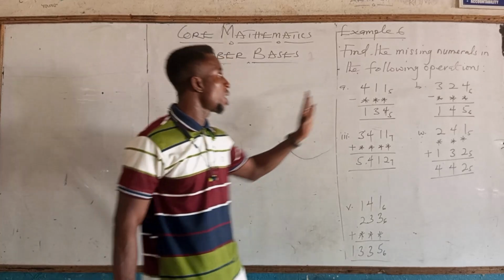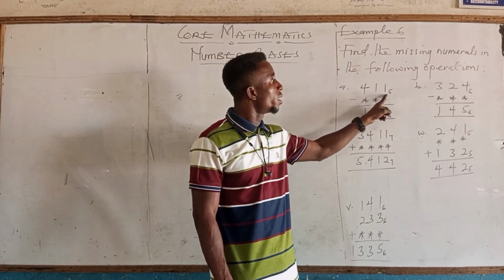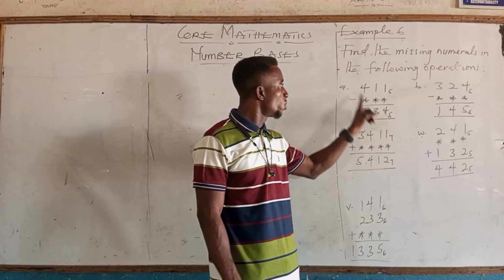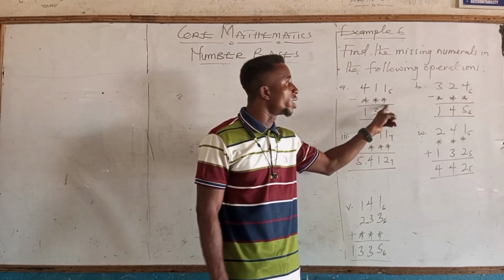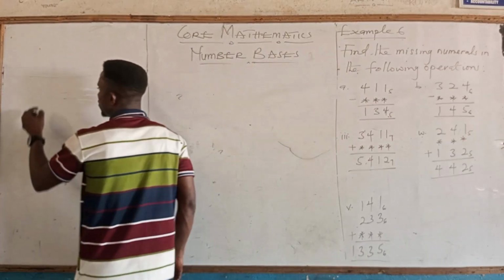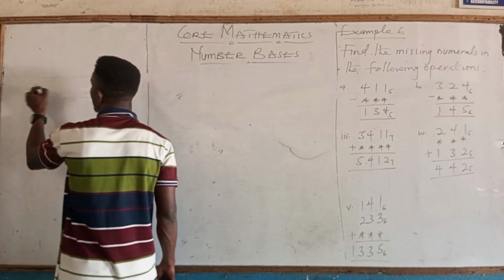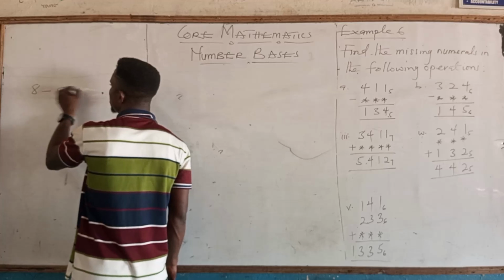Are we getting that? So we have the A is saying that this number base minus a certain number will get us this. So this minus what number will get us this, and that is what we are looking for. So it's more or less like giving you, let's say, 8 minus A is equal to 5.